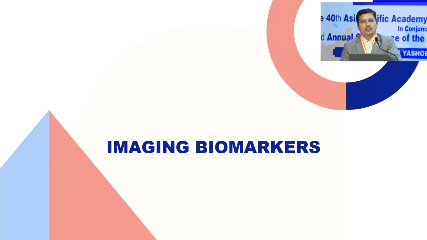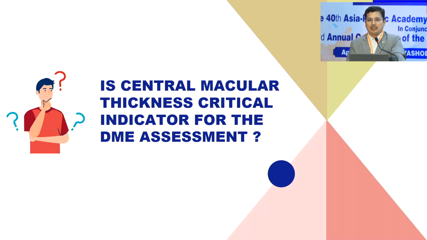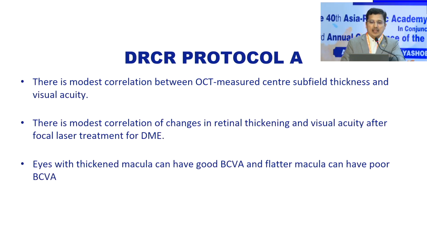In specific, I will be speaking about the imaging biomarkers. For quite a time, for a decade, we have been talking about only one thing, that is the central macular thickness. Protocol A told us that even if the maculas are thick, the visual acuity can be good. So you cannot say that if the macula is thin, the visual acuity is fine.